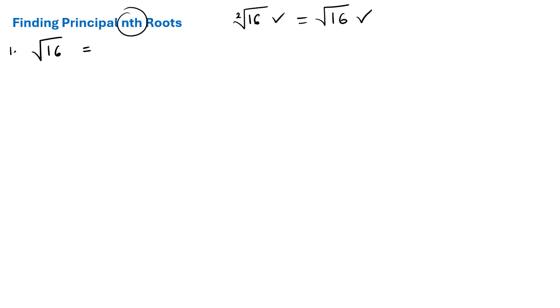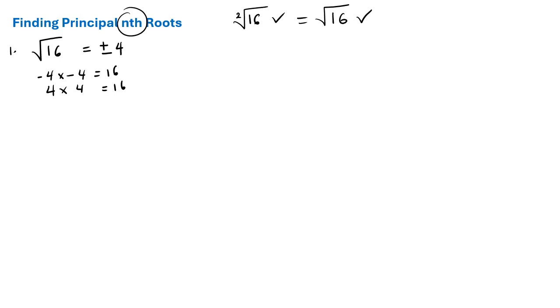If I'm looking for the square root of 16, we know that -4 times -4 is 16, and we also know that 4 times 4 is 16. So that's why if we find the square root of 16, it will be plus and minus 4. So this will be the square roots of 16.